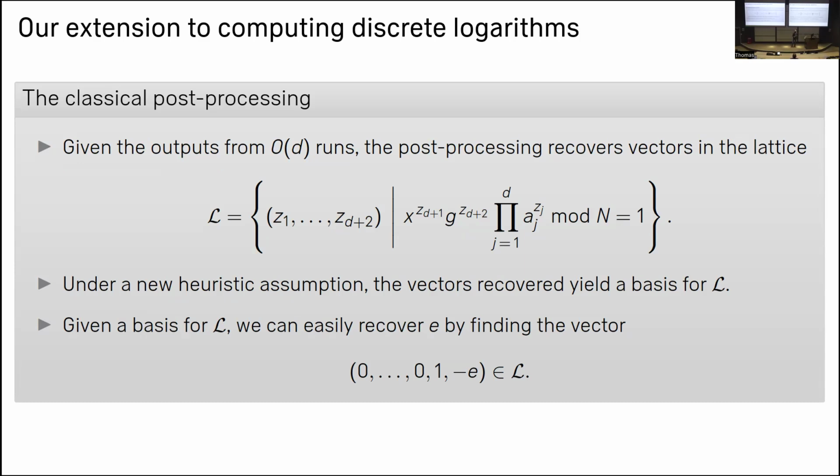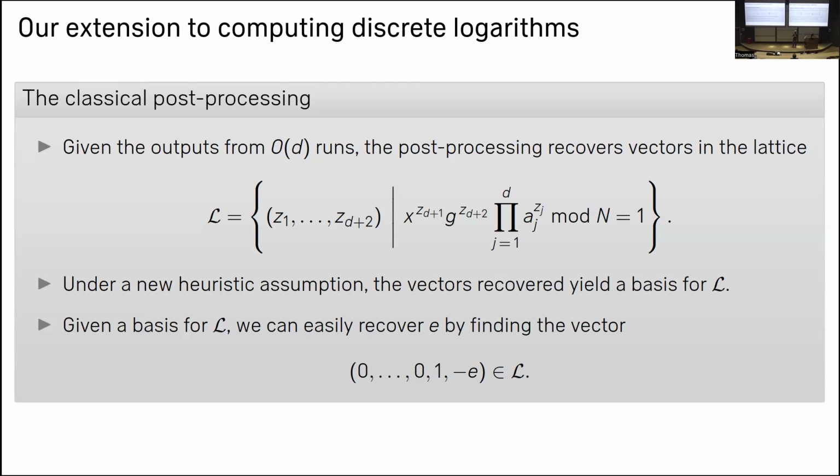And it's quite easily seen that this vector here, which directly provides us the solution to the discrete logarithm problem instance, is a part of this lattice. And it's also quite easy to recover this vector if we have a basis for the lattice, allowing us to solve the discrete logarithm problem instance.